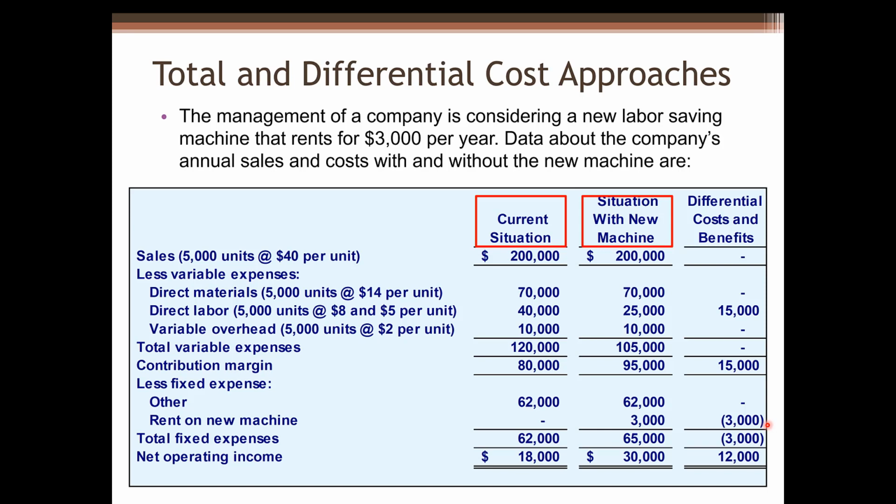However, fixed expenses increase by $3,000. This is the differential cost. Total net operating income with the new machine will increase by $12,000. So the manager will decide to rent the new labor-saving machine because net operating income will increase.